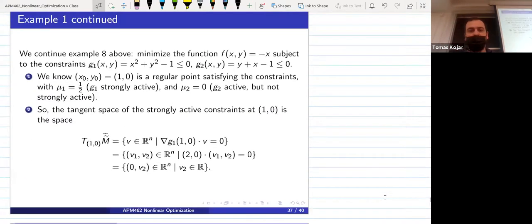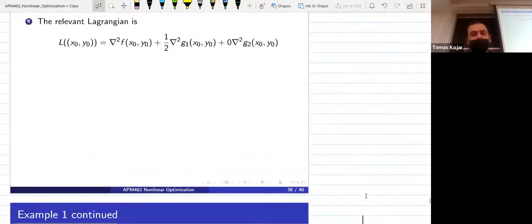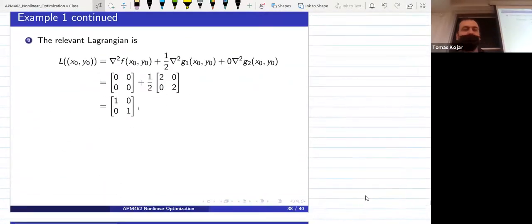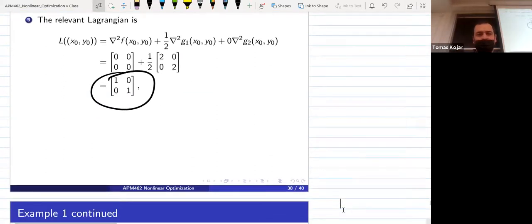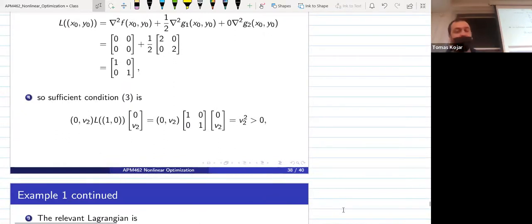You solve it and you get 2v2, and 2v1 equals 0, so you killed the v1 term. I think I gave you the Lagrangian, which is always positive definite. In the test, it won't be. You check only against these strongly active vectors, and you have this.